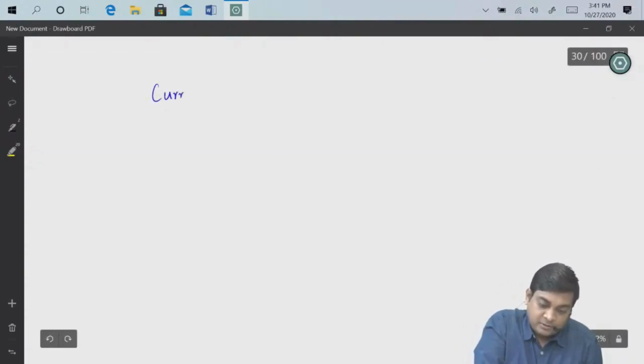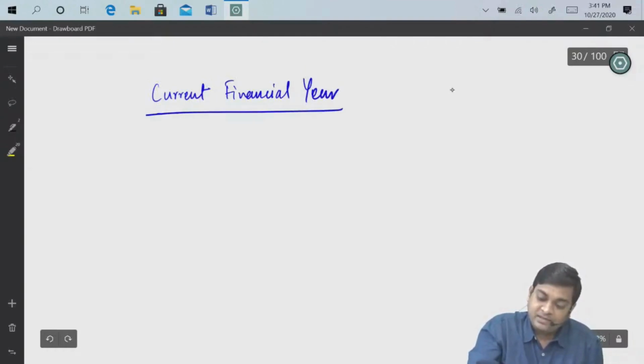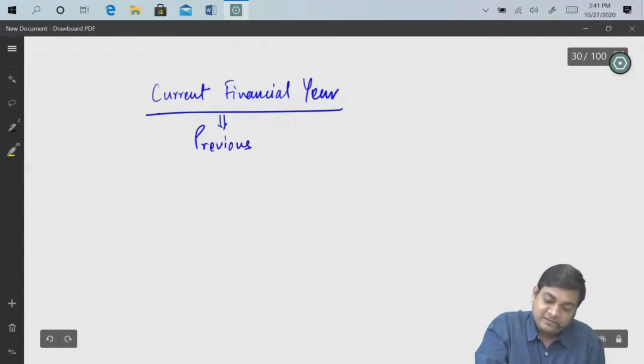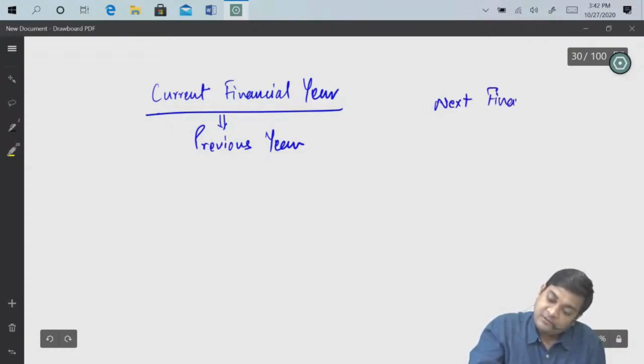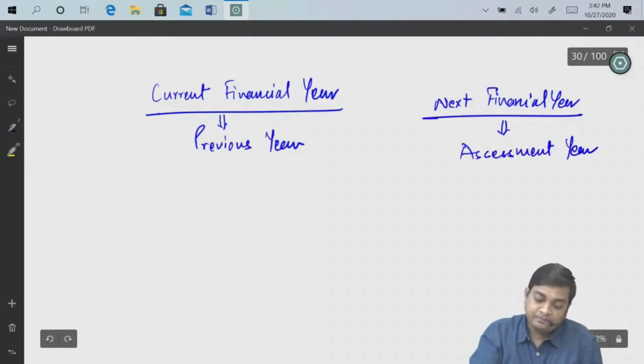So, this is your current financial year, and this is your, commonly known as, previous year, and this is your next financial year, commonly known as assessment year.